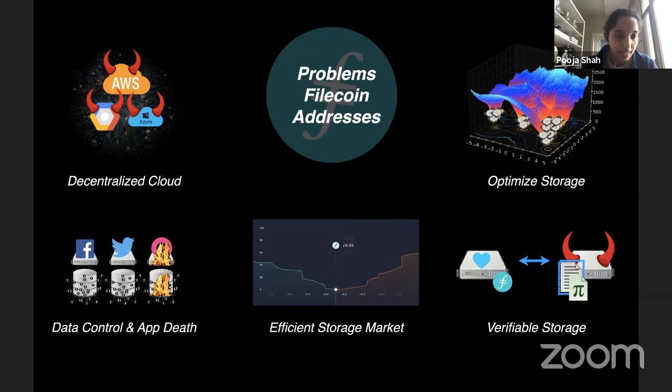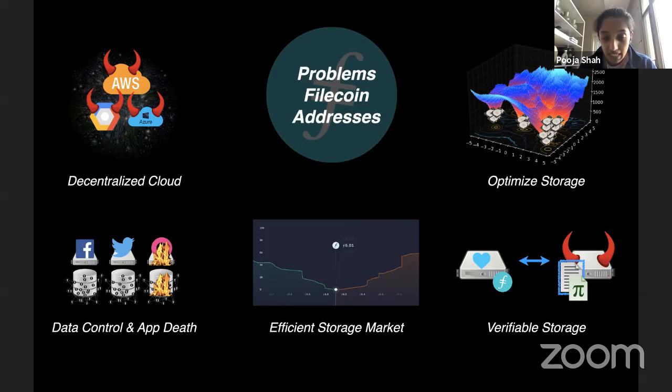Because Filecoin is again, a decentralized network, users have full control over their data. And so some of the problems that we've seen in the past with platforms making choices that aren't necessarily in the best interests of all of their users, and that leading to app death and all sorts of other things, that sort of situation can't really happen on Filecoin, and we've explicitly designed the protocol to prevent problems like that.